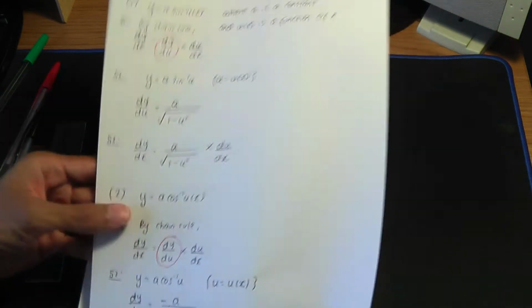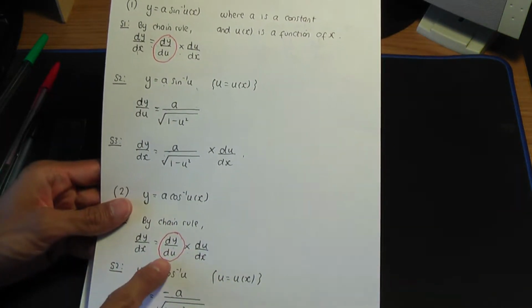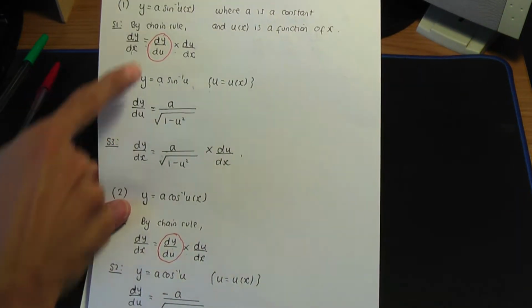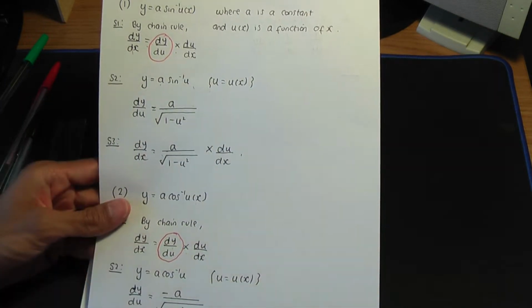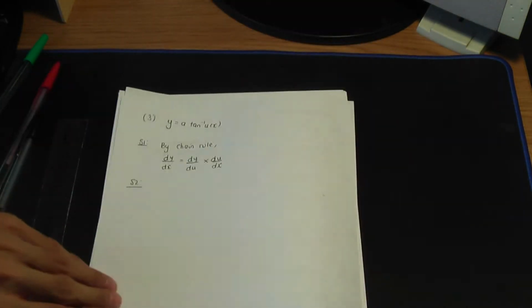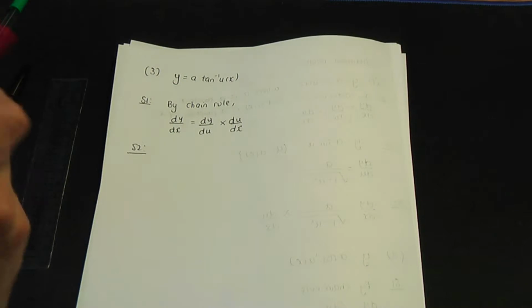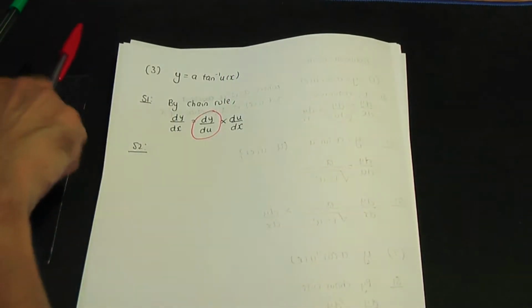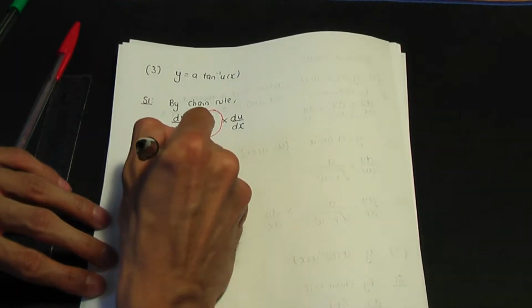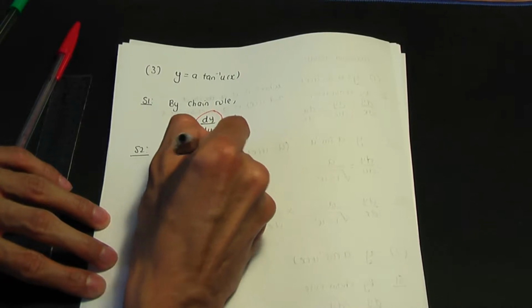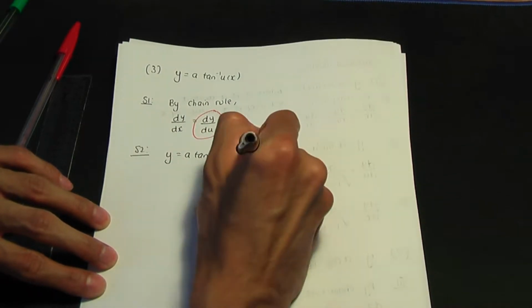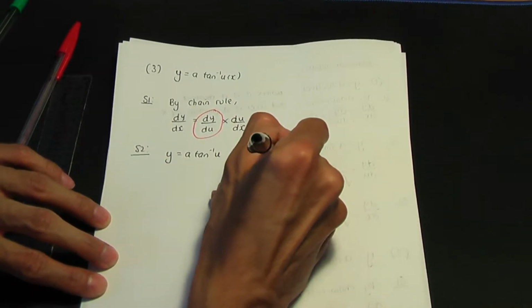And as you've seen before, I'm going to calculate dy by du as a side calculation. So y is a tan inverse u and u is ux.